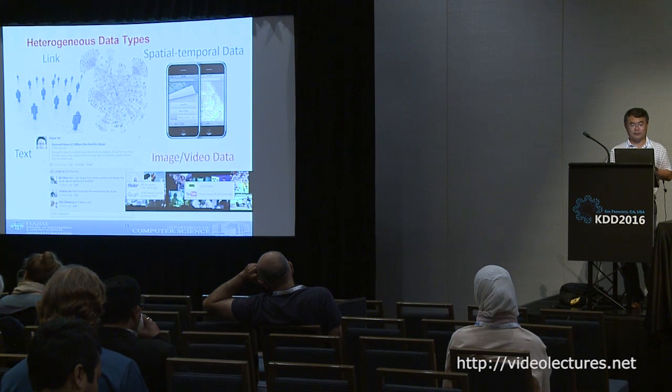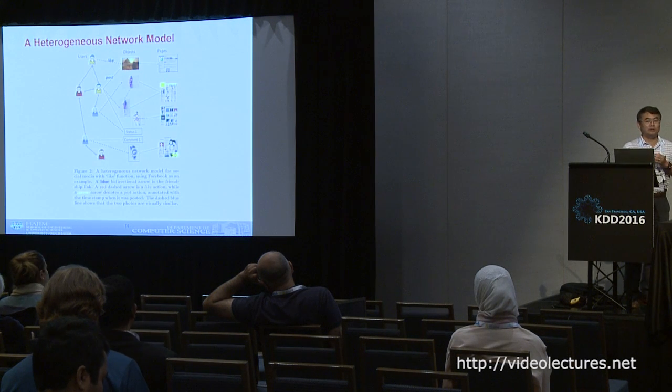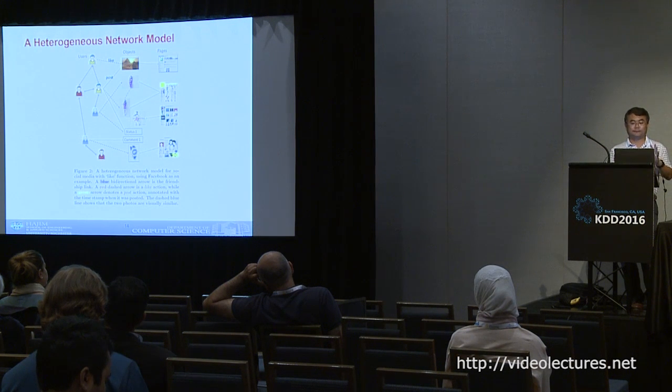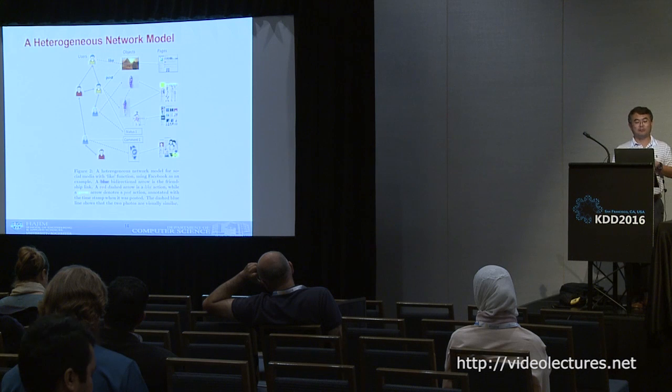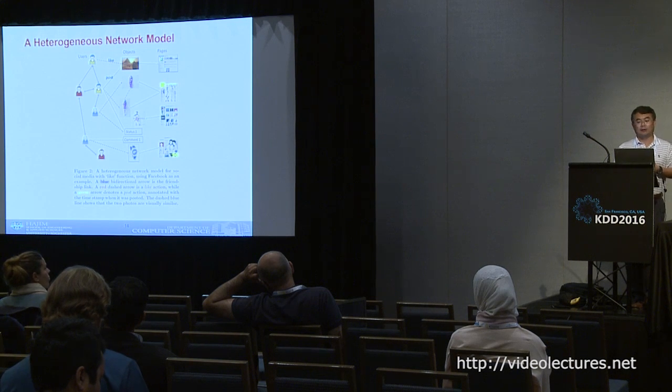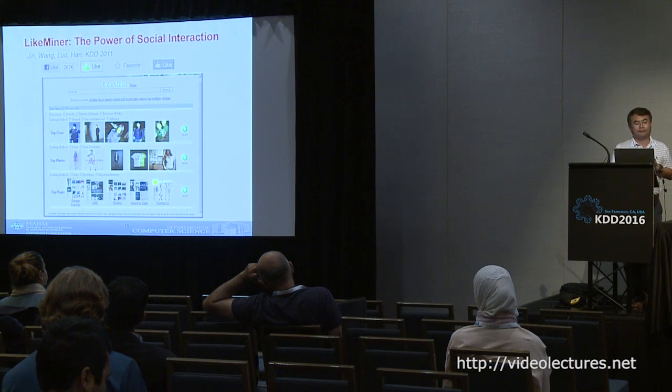So we are looking at essentially a heterogeneous information network where the nodes can be of different types. Okay, so they can be people, images, documents, emotions, sentiments, or just a page or a storefront, whatever.